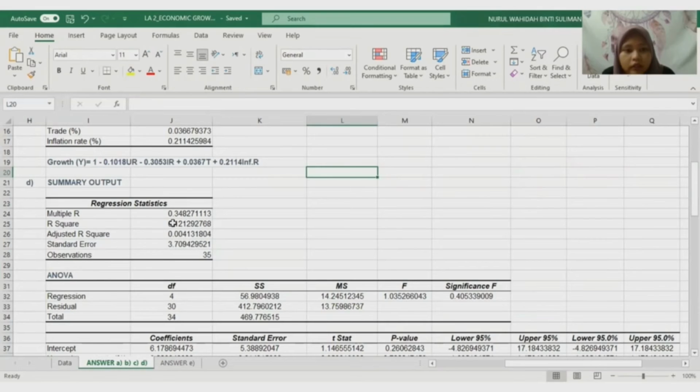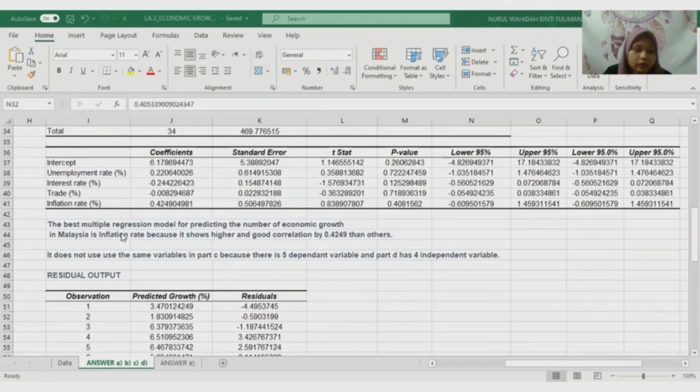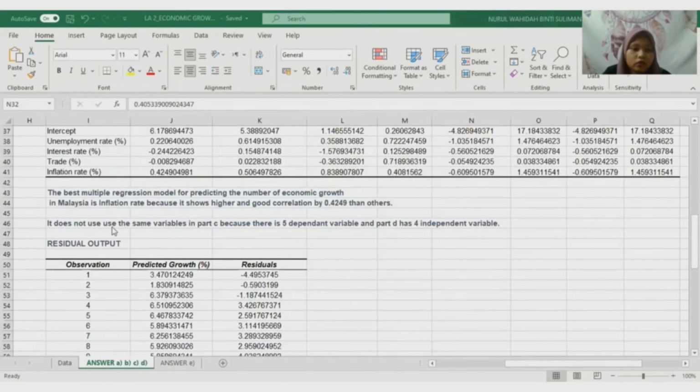This indicates that 12% of the variation in growth is explained by the independent variables. The best multiple regression model for predicting economic growth in Malaysia is the inflation rate, because it shows a higher and good correlation of 0.4249 compared to the others. And it doesn't use the same variables as in part C, because part C has 5 variables and part D has 4 independent variables.